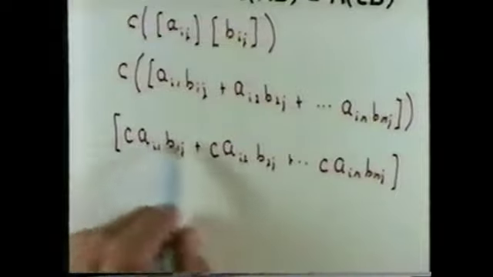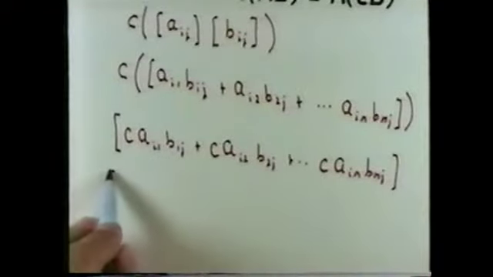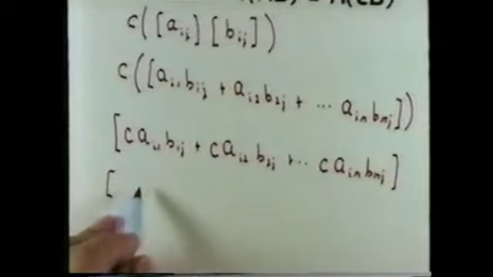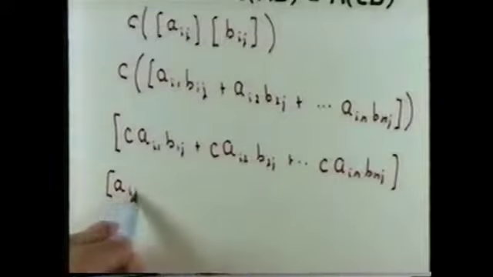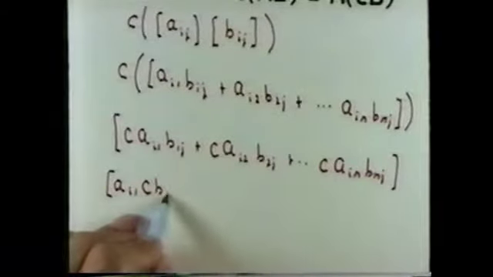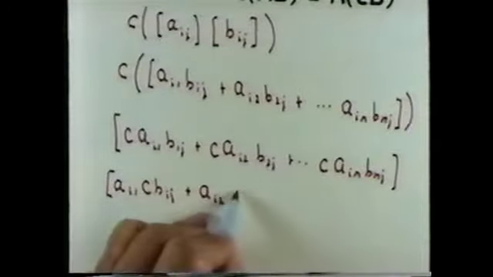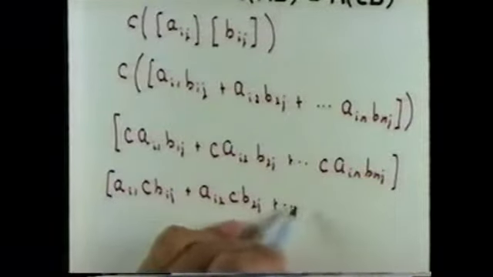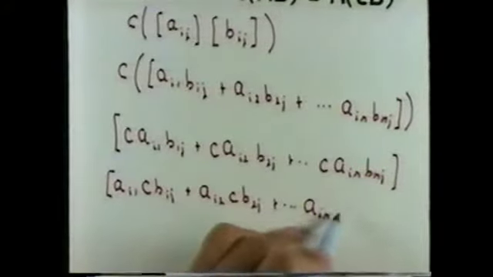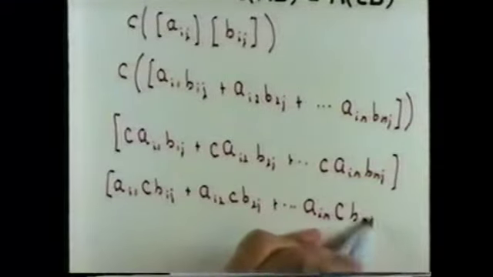Since they're just real numbers, I can reorder and regroup any way I want to. In particular, I can write it as Ai1 C B1j plus Ai2 C B2j plus Ain C Bnj.